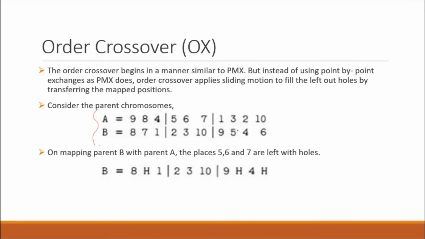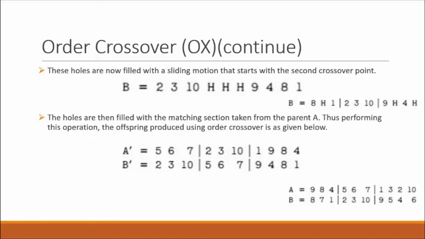Then 9, 5 is there, so that is replaced with an H. 4 and 6, so 6 is replaced with an H. Now, once this condition is obtained, we fill these holes by sliding from the second crossover point, the rightmost crossover point, taken from the previous slide. So 8H, 1, 2, 3, 10, 9H, 4H.